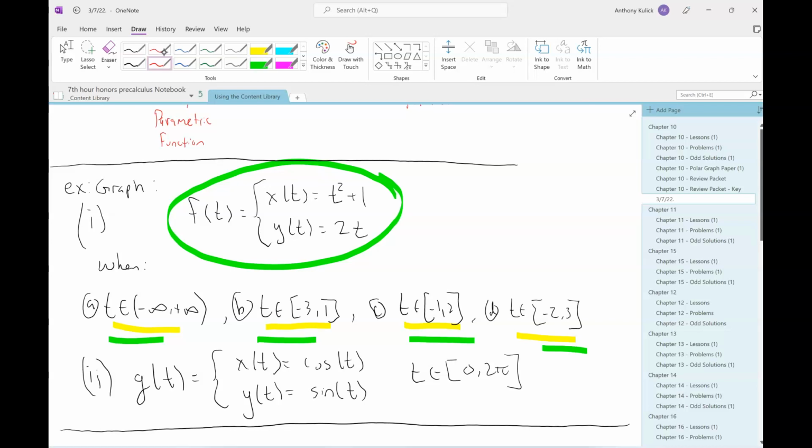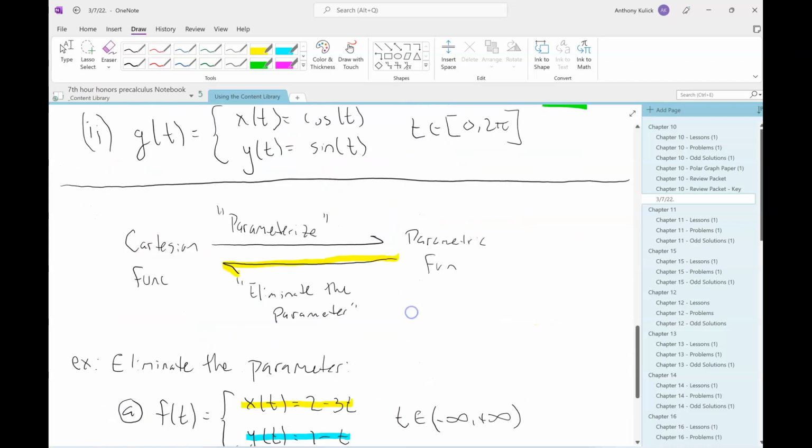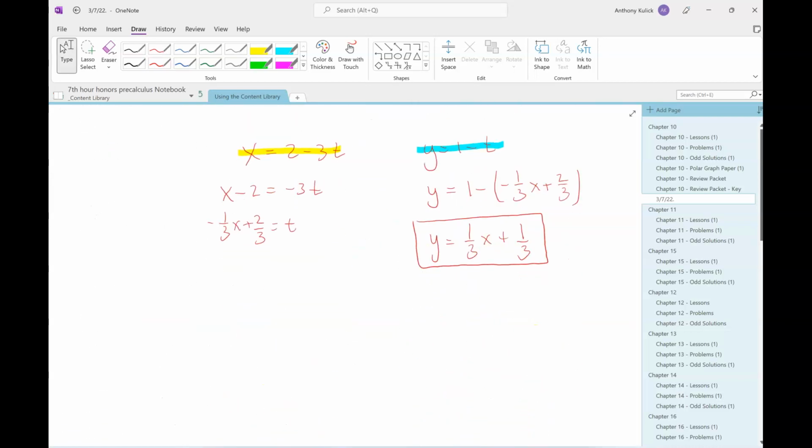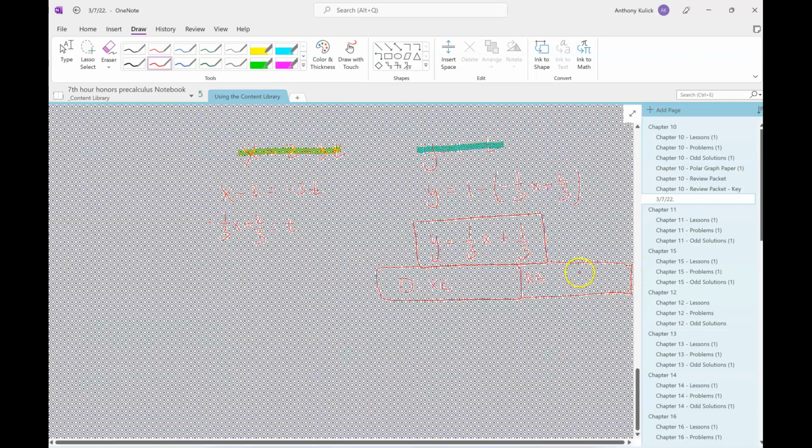They really represented four distinctly different functions. So we're not done with just the equation. We also need to make sure we give the domain and range for this.